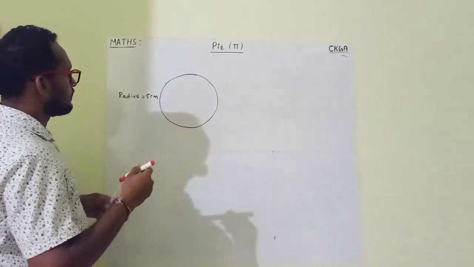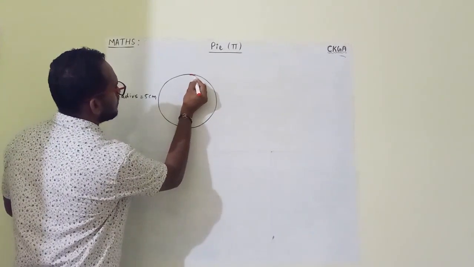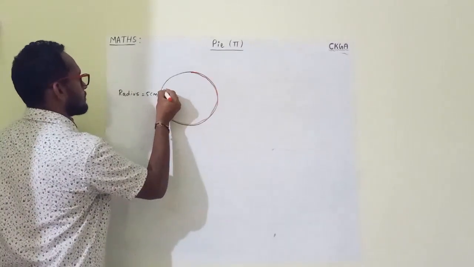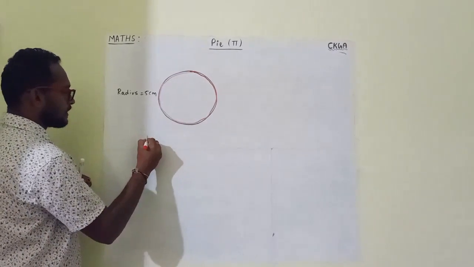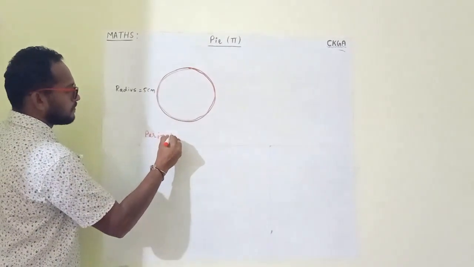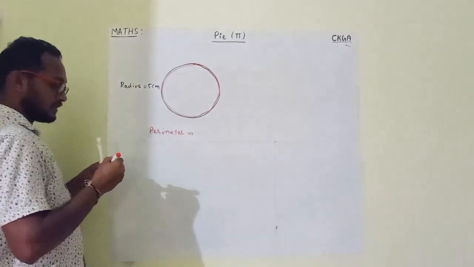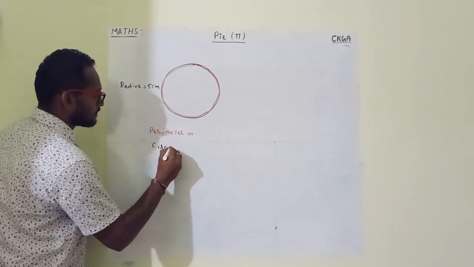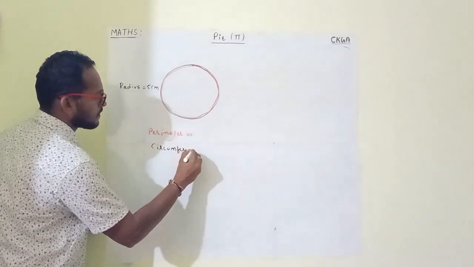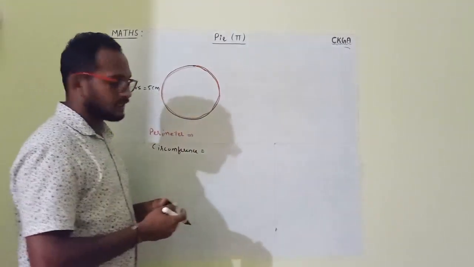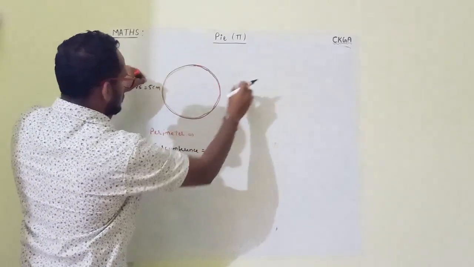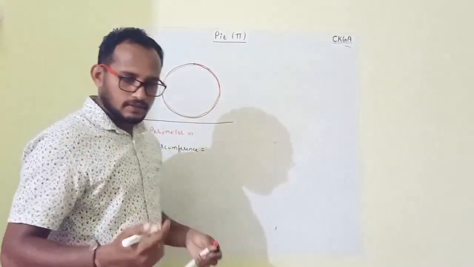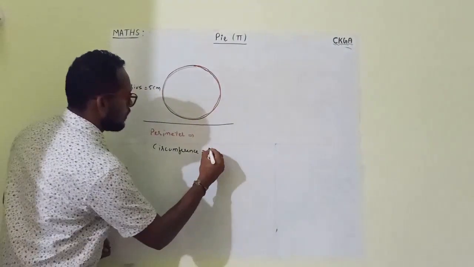The length of the circle is called the perimeter. In the case of a circle, you can also call it the circumference. When you cut the circle and straighten it, you get a line like this. When you measure it, you get the circumference, and that value could be around 31.4 centimeter.